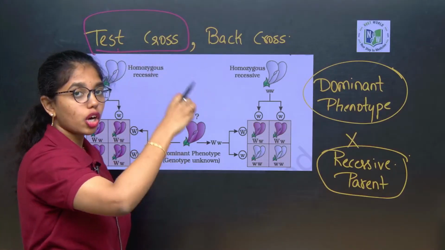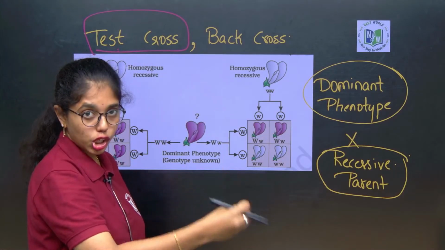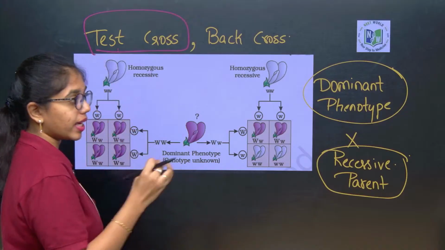So mostly test cross is useful to identify the genotype of the F1 generation. Keep that in your mind.